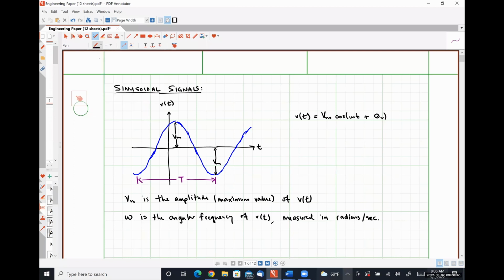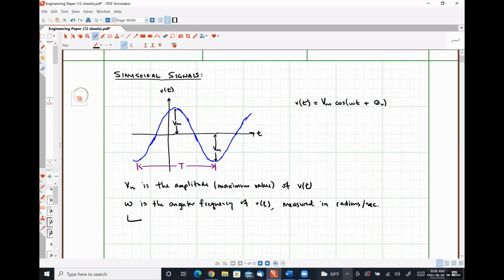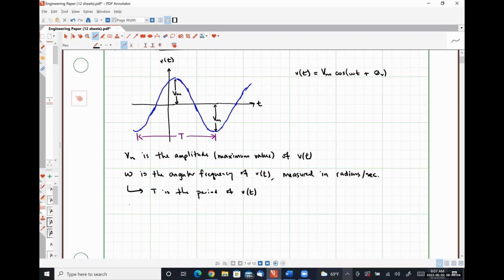Well, so T is the period of v of t. F is the linear frequency of v of t, where f is simply 1 over capital T. You guys actually first got introduced to this, at least here at Louisiana Tech, in your engineering 121 class, okay?